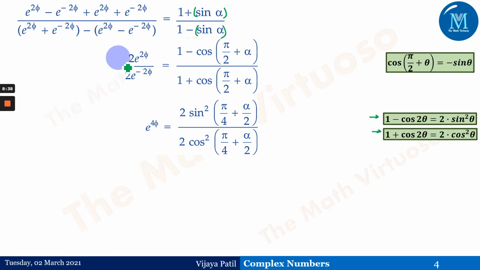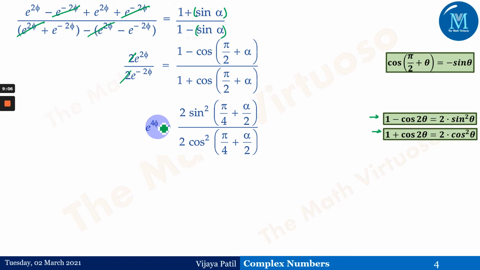Now what has happened here in the LHS? In the LHS, if you observe here, the plus and minus sign terms would go off, and similarly from the denominator also the positive and negative will go off. So e to the power 2 phi minus e to the power 2 phi will go off, and you'll remain with this, so 2 will go off from here, and e to the power minus 2 alpha will come in the numerator with e to the power 4 alpha.